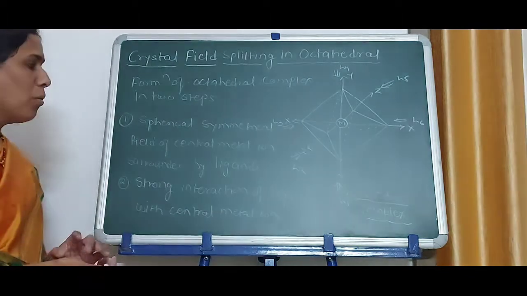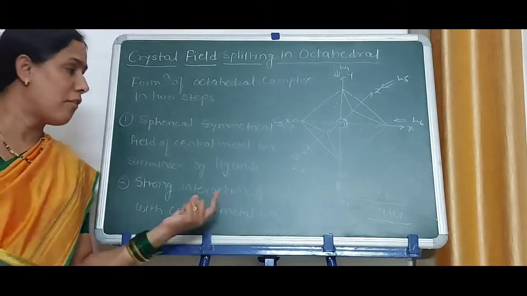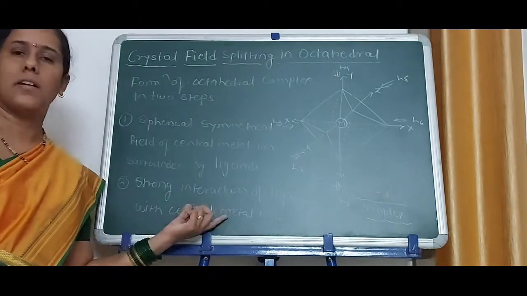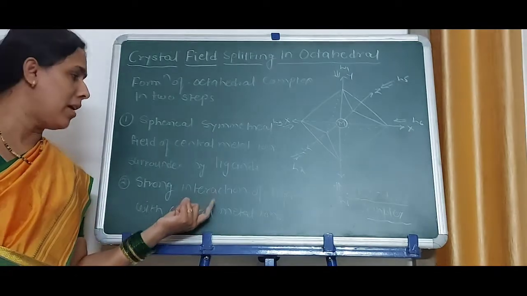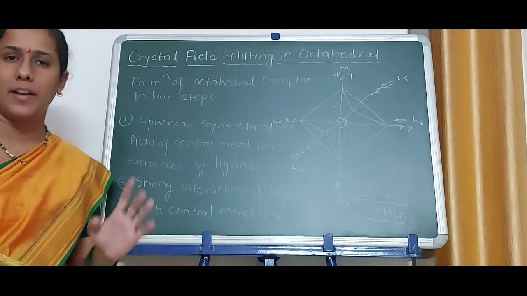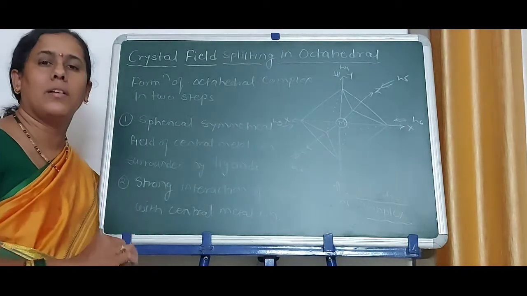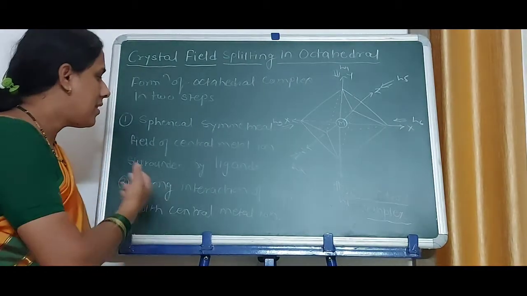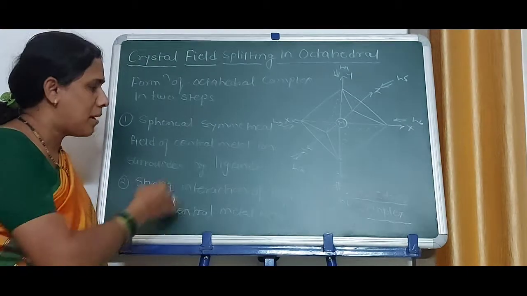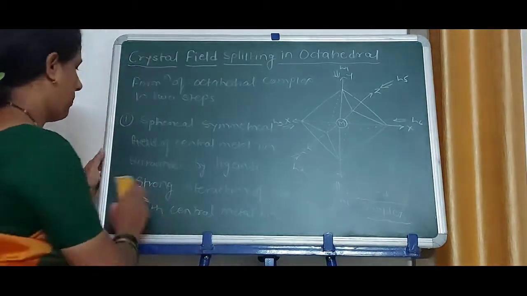Now, in the gaseous free state, the d orbitals of a metal ion possess free d electrons, and their arrangement before undergoing interaction with the ligands is represented as below.